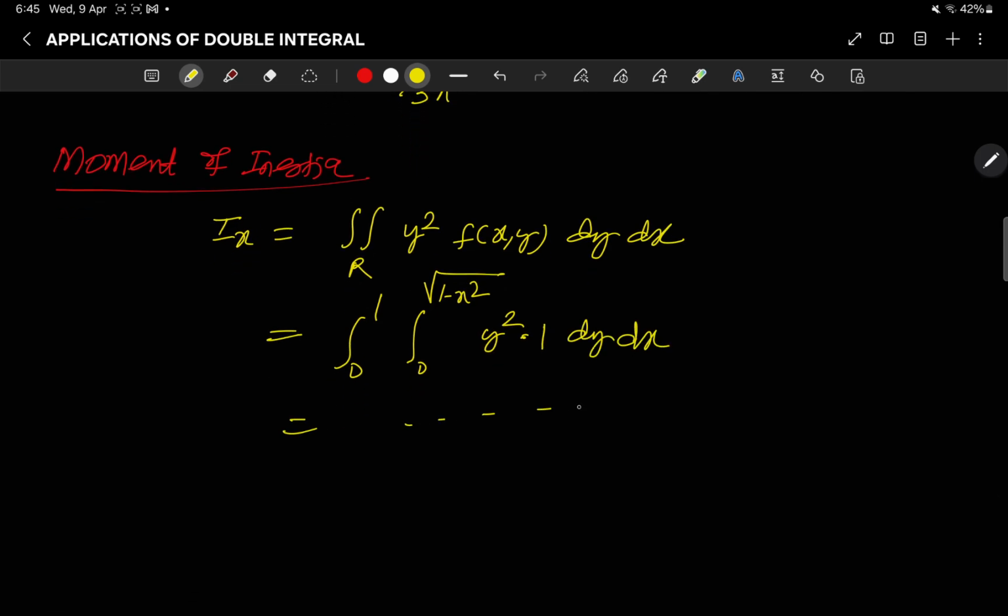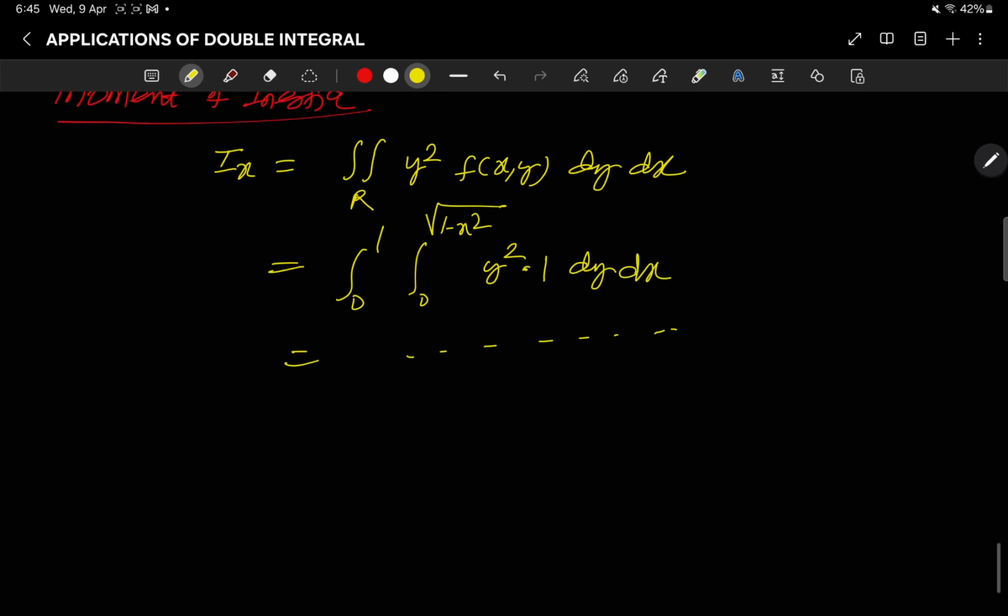You may evaluate it directly, or if we change the variable, you may write it 0 to pi by 2 for theta, and 0 to 1 for r. Inner is r, so it is dr, and then d theta, and y is r square sine square theta, f is your 1, Jacobian is your r.